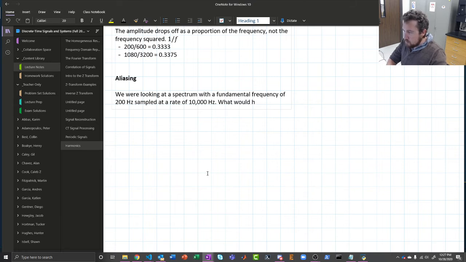What would happen if we increased the fundamental frequency to, let's call it 1.1 kilohertz, right? Or 1,100 hertz.